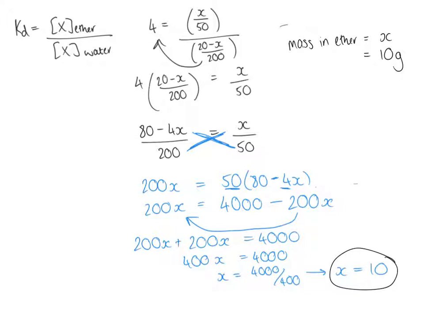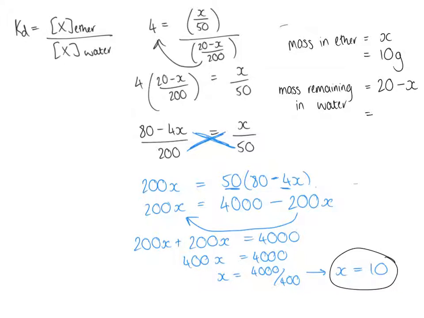So now I need to work out how much is left in the water layer. So mass remaining in the water layer is going to be my original 20 minus X, and we can get that from our expression of the equilibrium mass of water.